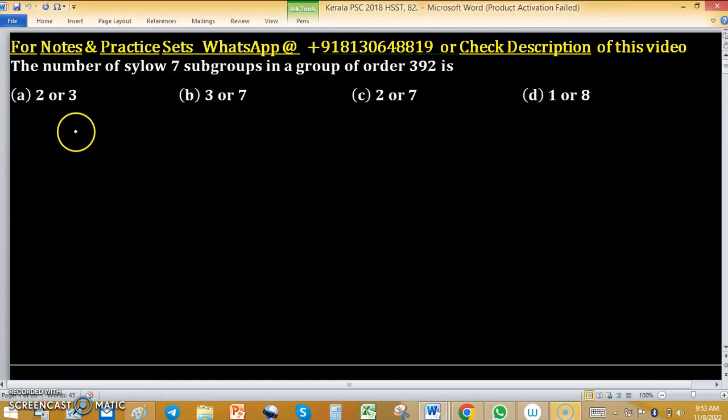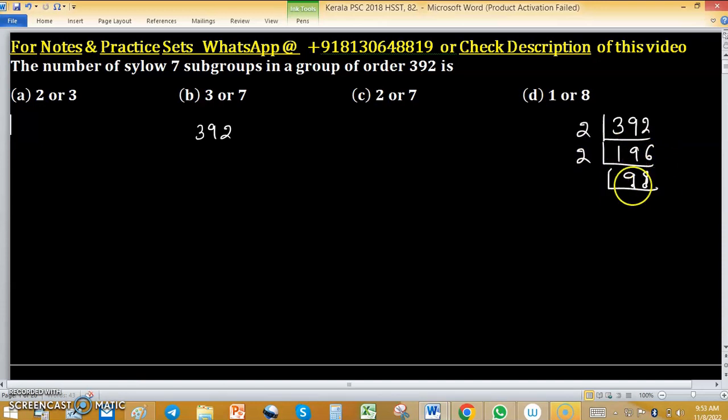The number of 7 Sylow subgroups in a group of order 392 we can find easily with the help of Sylow theorem. First factorize 392. So 392 can be written as 2 raised to the power 3 into 7 square.